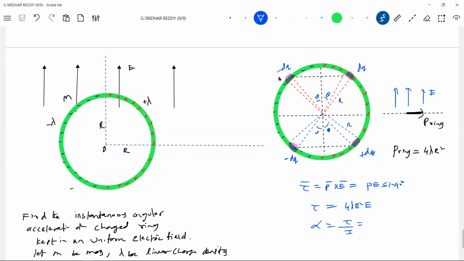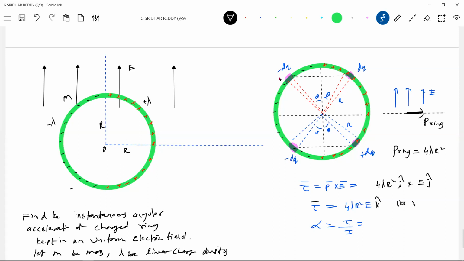Taking vectors, P bar is I cap, E bar is J cap, and I cross J will be K. So the torque will be acting along the positive Z axis. I think some of you are asking, sir, how to take torque? You might have forgotten. So this will be 4 lambda r square I cap cross E J cap. I cross J will be K. So fine, the ring will rotate about the Z axis.